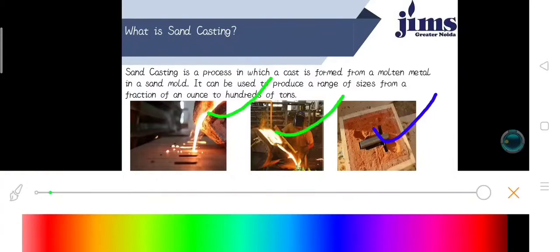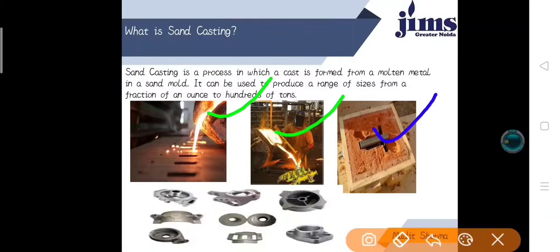These are casting processes, and the place where casting occurs is called a foundry. These are the products made by casting, like household, kitchen and gardening equipment, electrical motors and generators, pumps, and in transport, automobile, aerospace, etc.